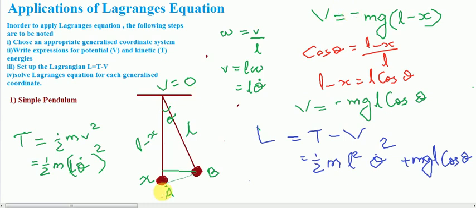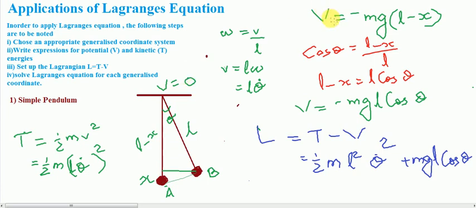So how to find the potential energy of the bob at the position B? The position B is exactly at a depth of L minus x from the suspension point, where the potential energy is 0. So the potential energy below that is taken as negative.